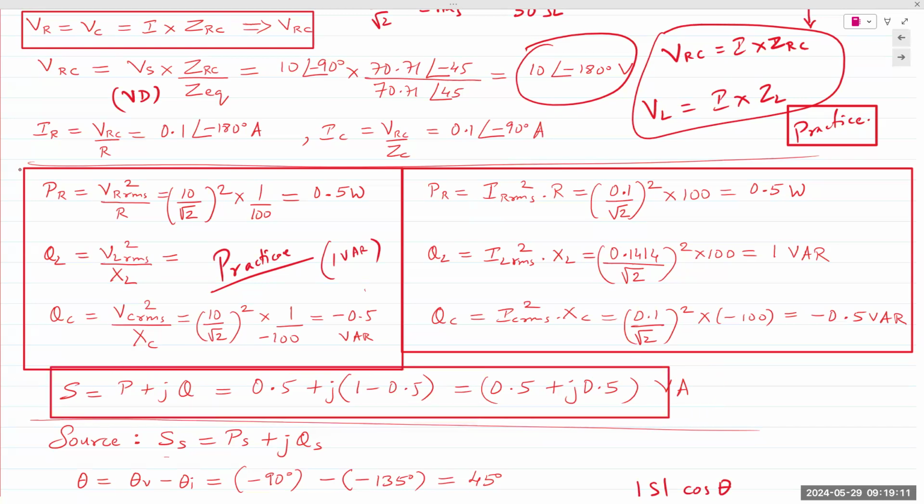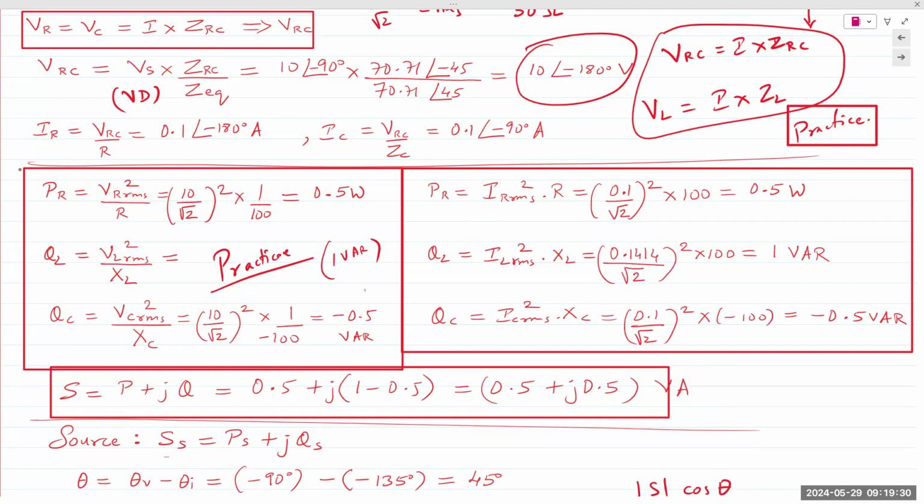S would be equal to P plus jQ. P, of course, is the average power only associated with the resistor. Q is the reactive power only associated with capacitors and inductors.